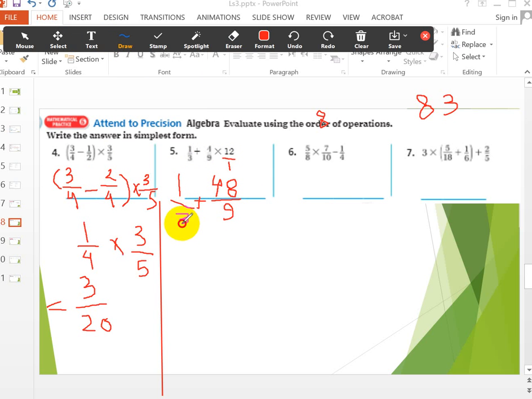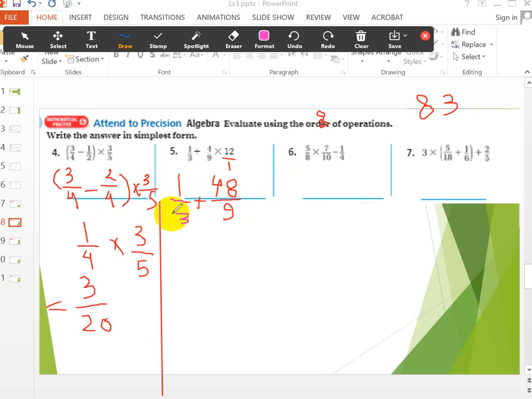Now after that, I have to do the addition. I have to add the numbers. To add two fractions, I have to make the denominators the same. How will I do that? Look, can I make 3 into 9 by multiplying this number with any number? Yes, if you multiply 3 with 3, it will be 9.